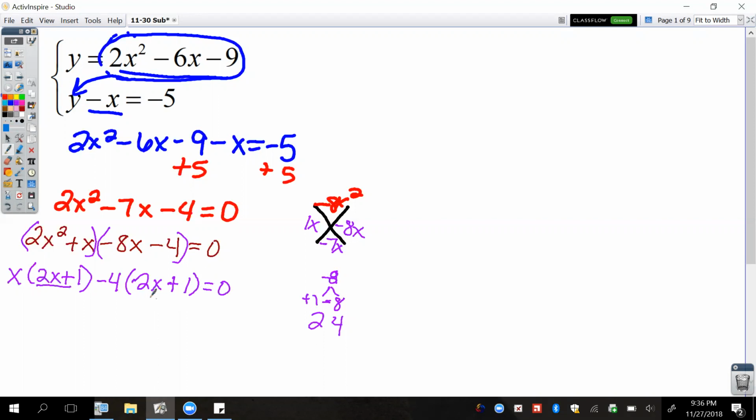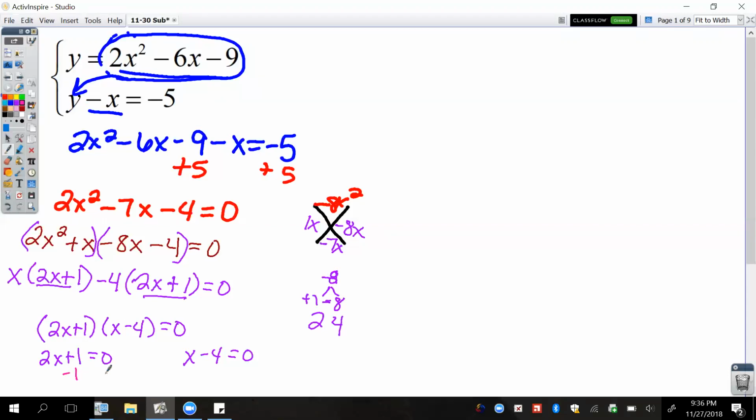Now my parentheses are the same. That is one of my factors, which is 2x plus 1. My other factor is x minus 4 equals 0. Then I set both those factors equal to 0. So 2x plus 1 equals 0, and x minus 4 equals 0.